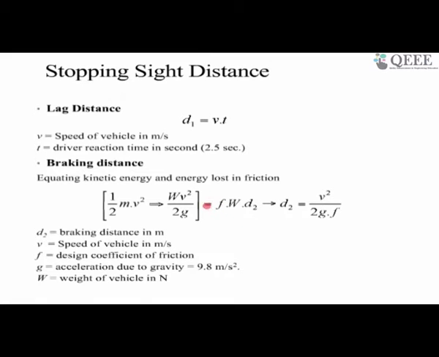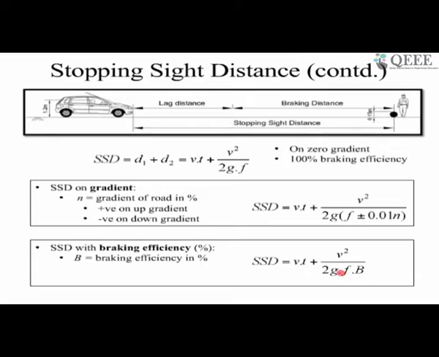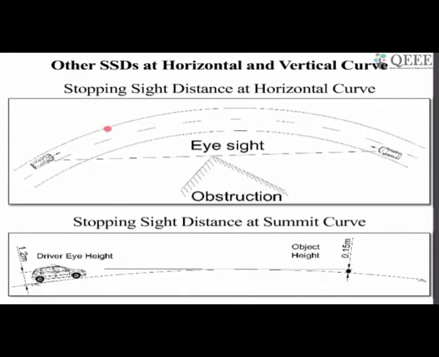If you go back to the previous slide, the braking energy is dissipated through this friction. That is why we are multiplying the braking efficiency with the friction factor. Once we know this, then we can find out the stopping sight distance. And I think in the next 5 minutes I can conclude.